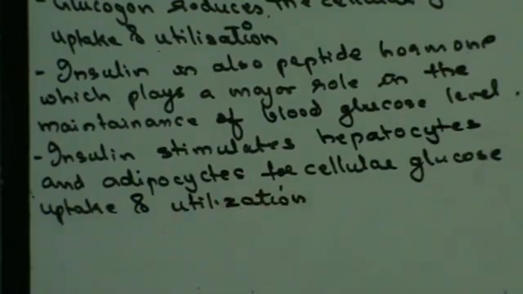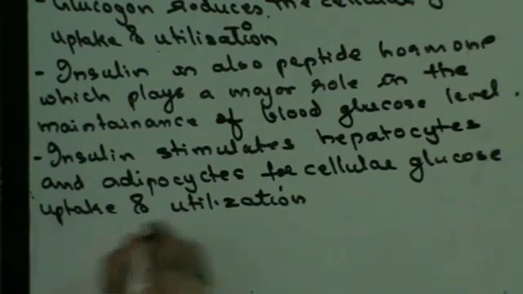So glucagon reduces the cellular glucose uptake and utilization, whereas insulin increases the glucose uptake and utilization. Therefore, glucose from blood decreases.